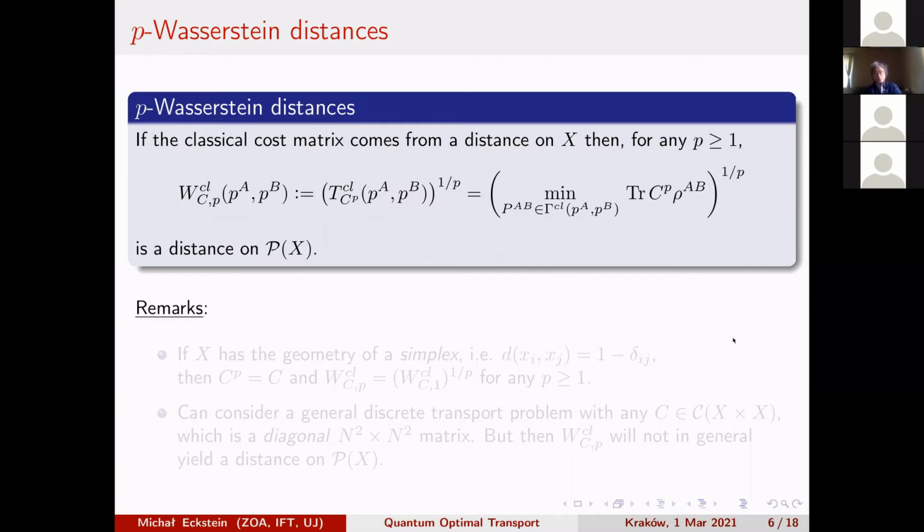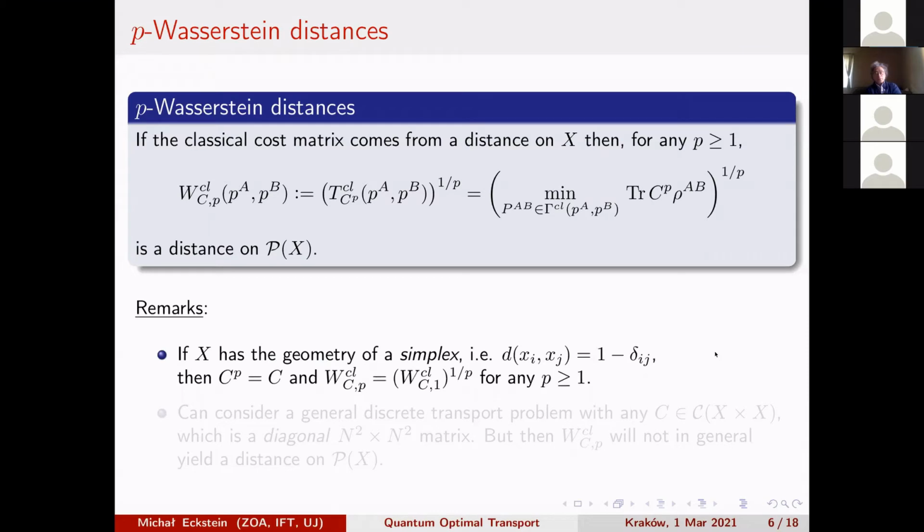Okay, just two remarks. So first, if your space has the geometry of a simplex, so the distance between all of the points is 1, unless they are equal, then it's 0, obviously. If you have this kind of distance, this geometry, then you see that the distance matrix will have only zeros and ones. So if you recast it into this cost matrix, you will have a matrix which has just zeros or ones on the diagonal. Okay, so this means it's idempotent.